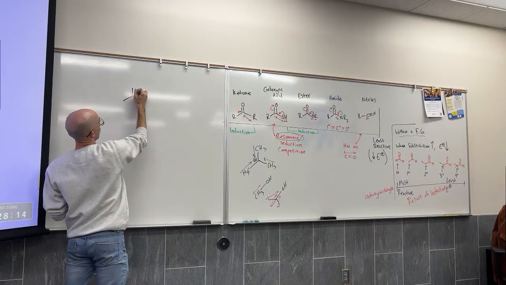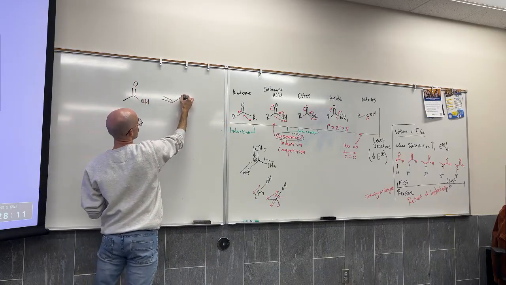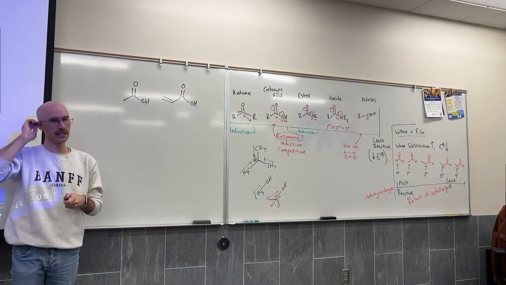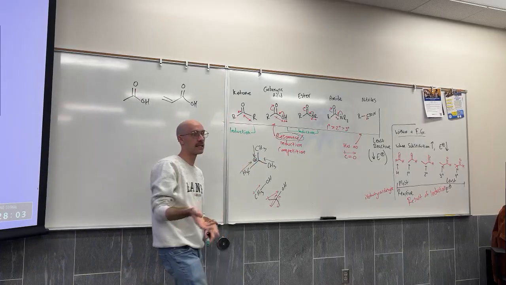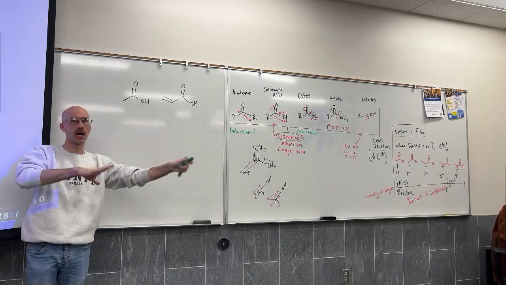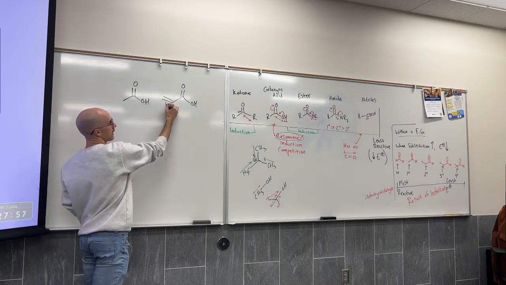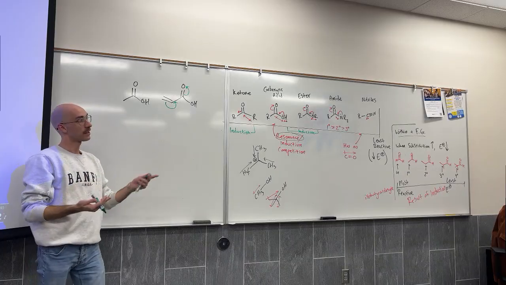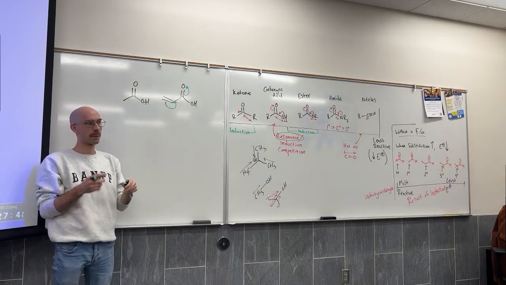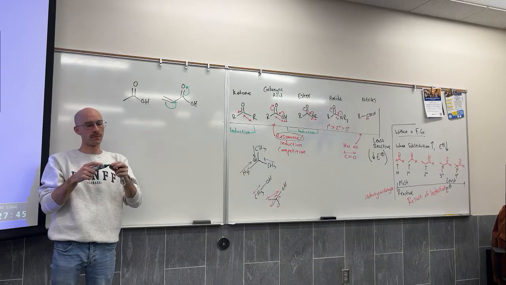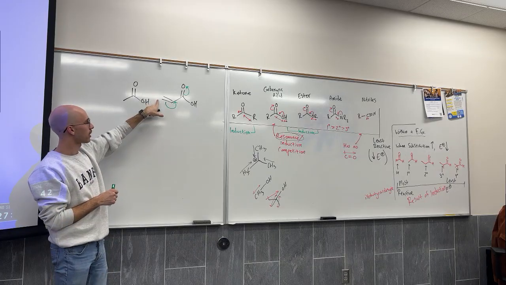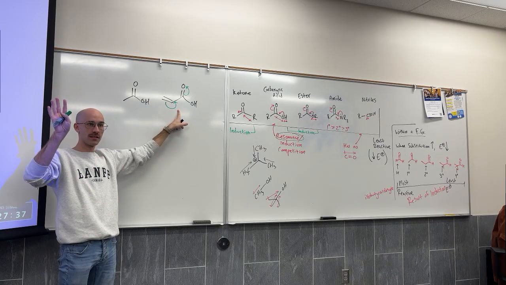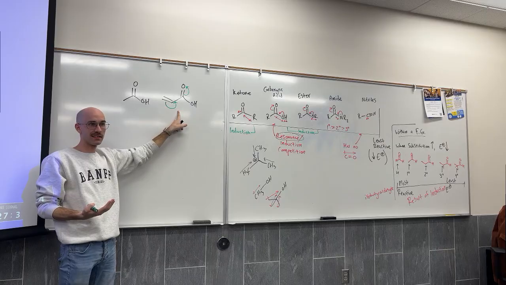So for instance, if you had a carboxylic acid versus a carboxylic acid that's conjugated to an alkene, or an aldehyde versus an aldehyde conjugated to an alkene, the alkene can actually push some of its electrons towards the carbonyl in a similar way to how the oxygen can. Carbon might not do that as readily. The reason being, when carbon participates in resonance, it not only maximizes charges, it also minimizes octets.